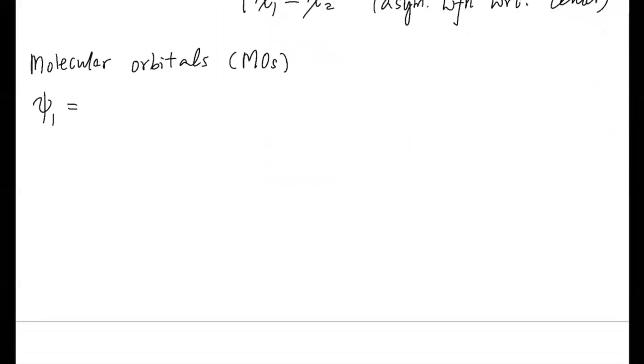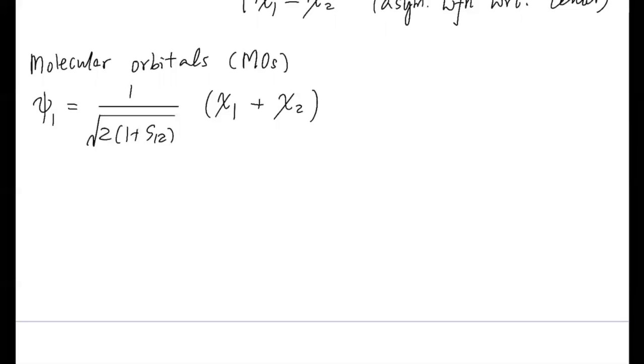And this is 1 over the square root of 2 times (1 plus S12), times chi1, which is the atomic orbital on hydrogen A, plus chi2, which is the atomic orbital on hydrogen B. So here you will have a coefficient, right? Because psi 1 is normalized.